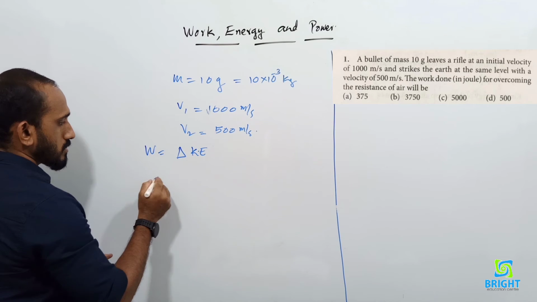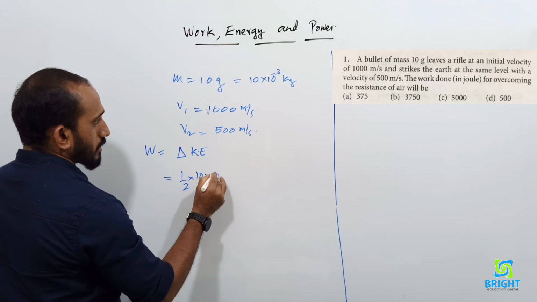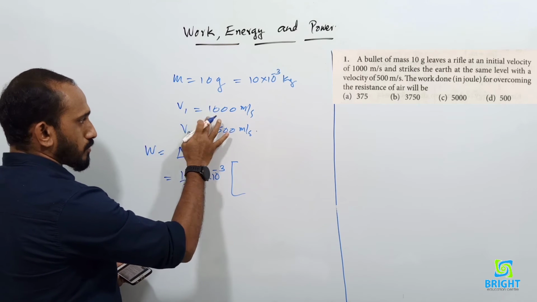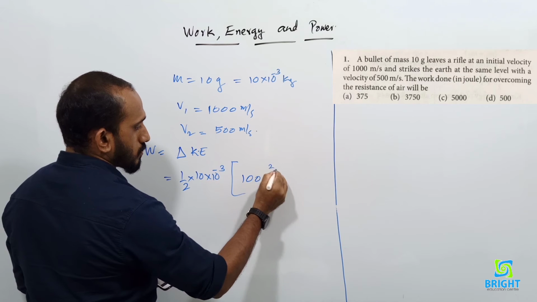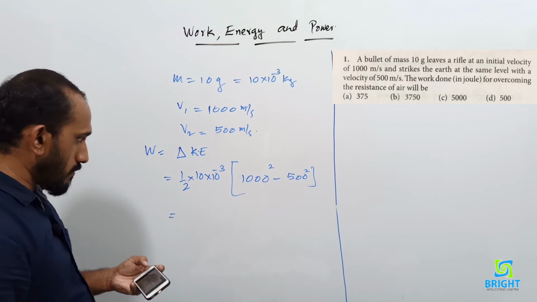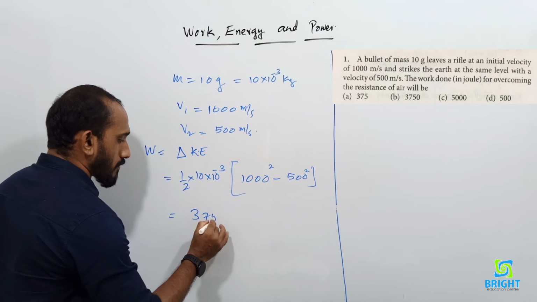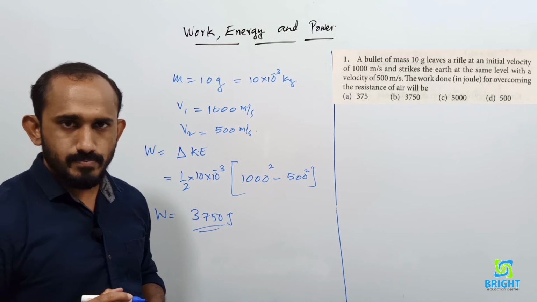So that can be written as half into 10 into 10 raised to minus 3 into, so it will be a negative resistive force, so V1 square minus V2 square will come. So 1000 square minus 500 square. If you resolve it, the answer will become 3750. That much joules the work done will be.